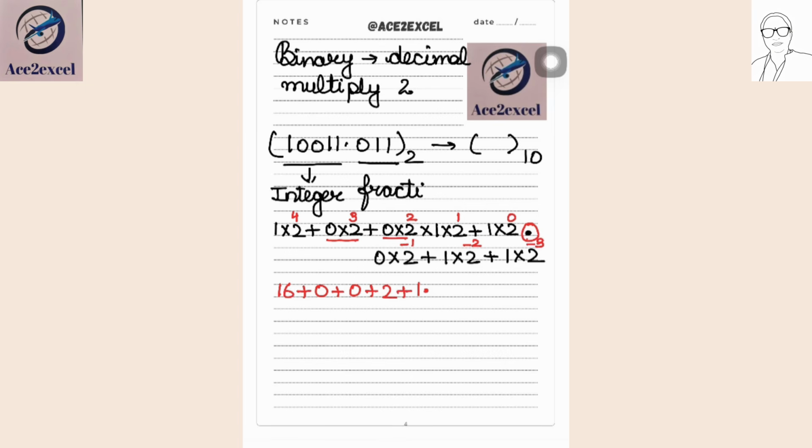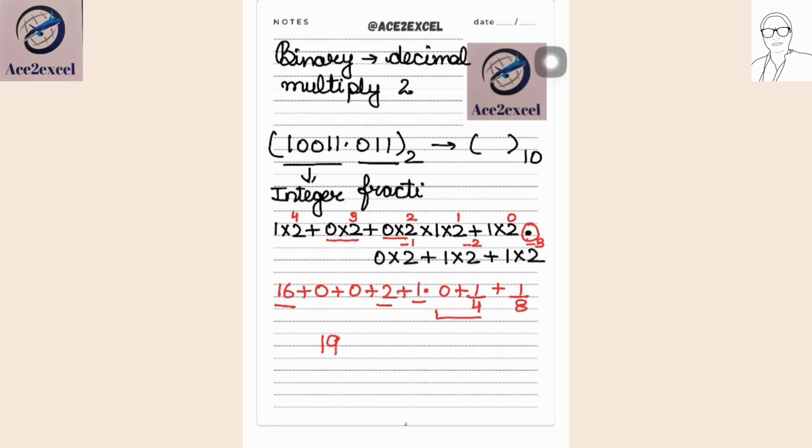Now on the other side, first is 1 by 2 multiplied by 0, and because it is being multiplied by 0, answer is 0, plus 1 by 4 plus 1 by 8. Then 16 plus 2 makes 18 plus 1, 19.